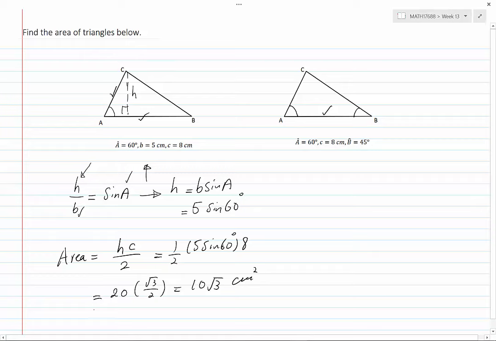In the second case, we can draw the altitude from angle A on side BC. Let's call this altitude H. Let's note that this H is different from the H we used in the previous problem.